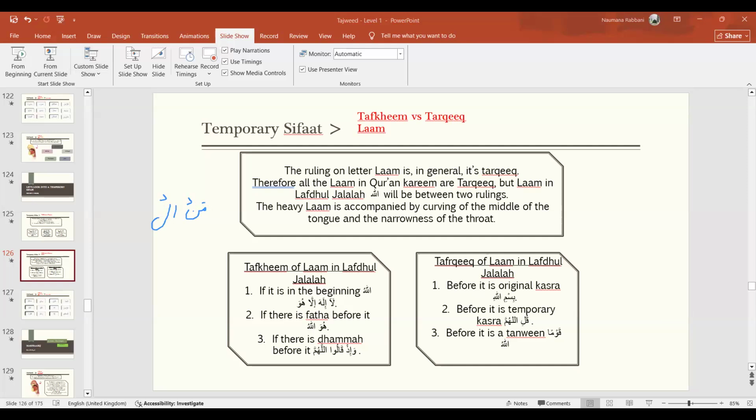In a situation like this, I don't recite this noon sakina with the sukun: I say qawma, and then I put a little kasra in it, so I recite it as qawmanillah.